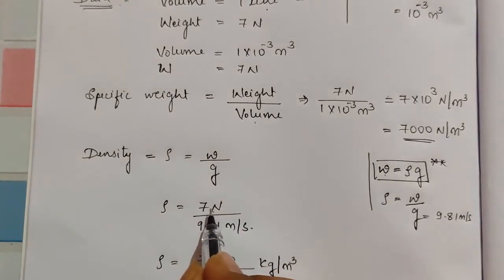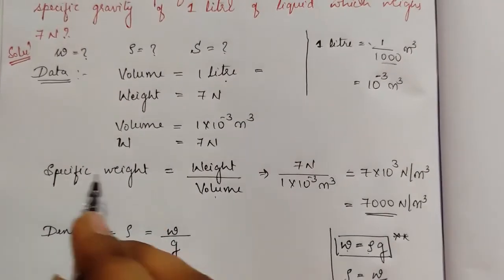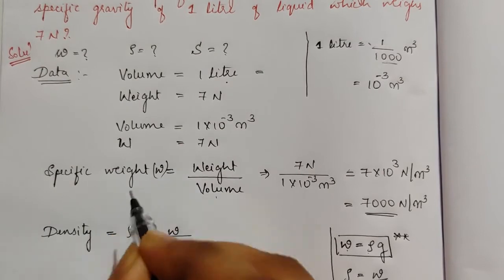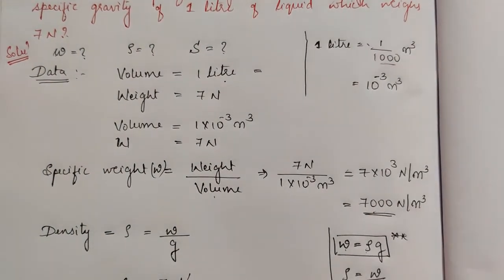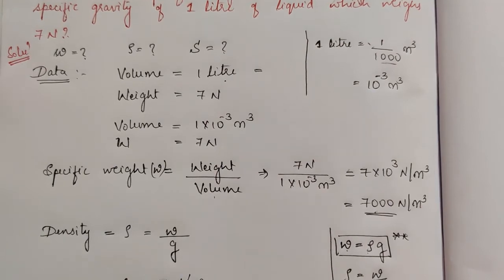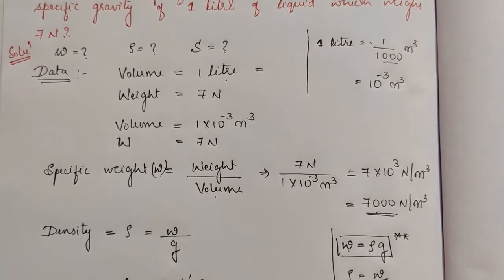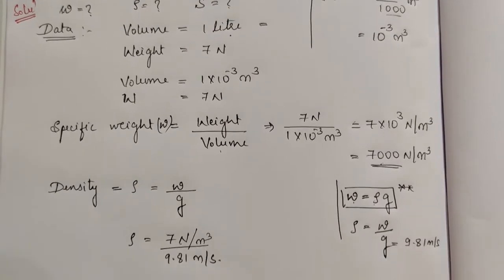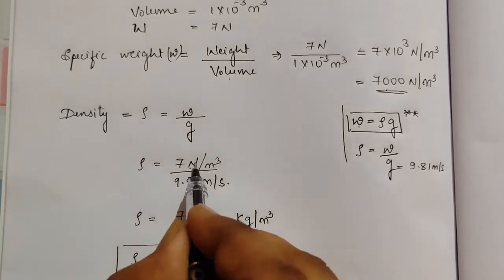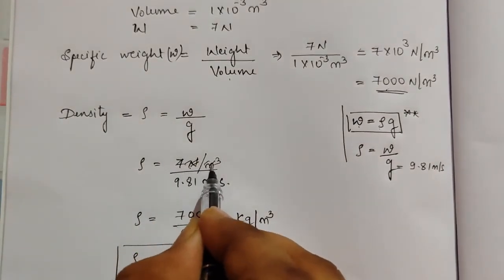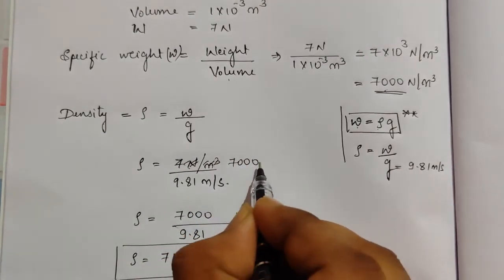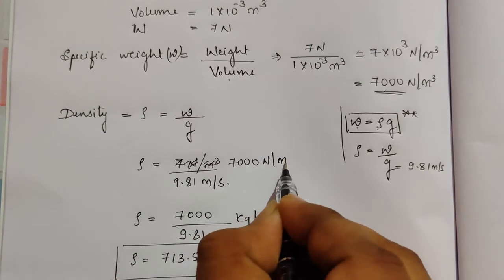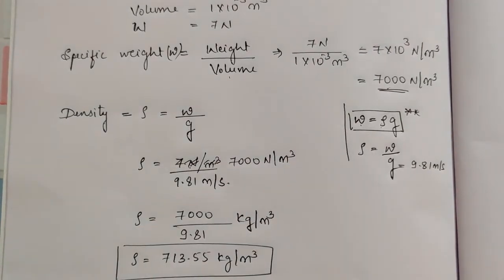So here 7 Newton I have taken, and what we got, the specific weight, is nothing but 7,000 Newton per meter cube.